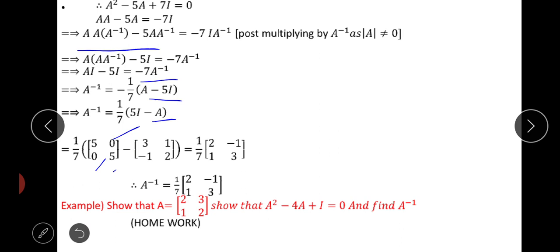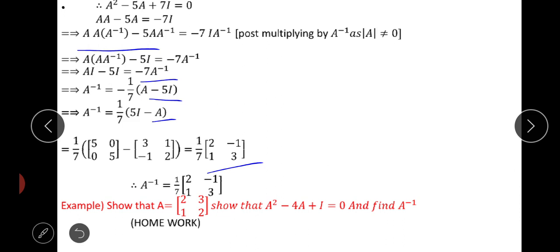Then simplify this subtraction: 5 minus 3 is 2, 0 minus 1 is minus 1, 0 minus minus 1 is plus 1, and 5 minus 2 is 3. Therefore A inverse is equal to 1 by 7 into the matrix 2 minus 1 1 3.